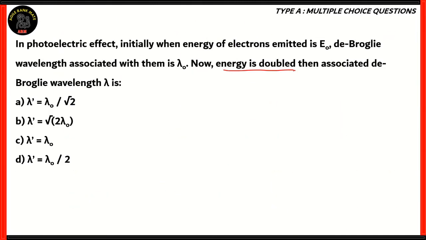So when energy is doubled, then the associated de Broglie wavelength is option A, lambda naught over root 2. The other options are incorrect because we used first the formula for the de Broglie wavelength and also the relation between momentum and energy in the photoelectric effect. So after having done both of that, we find that option A is the right option.